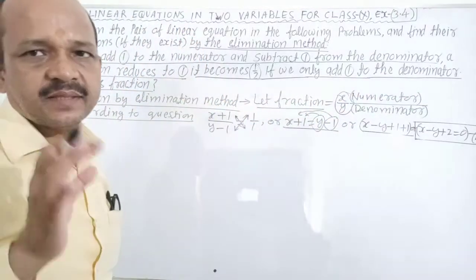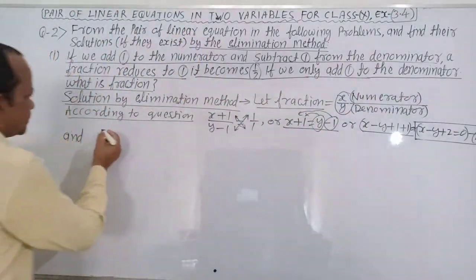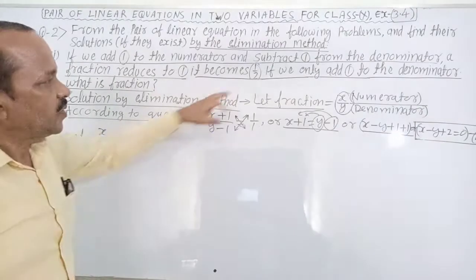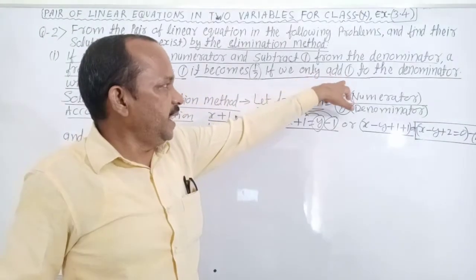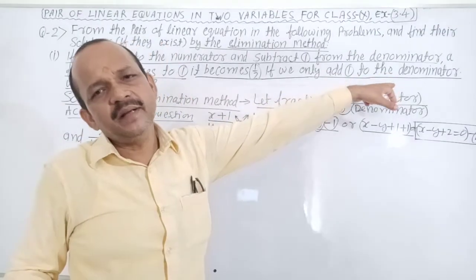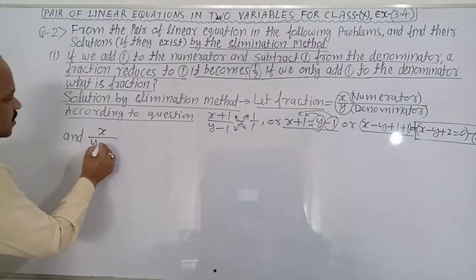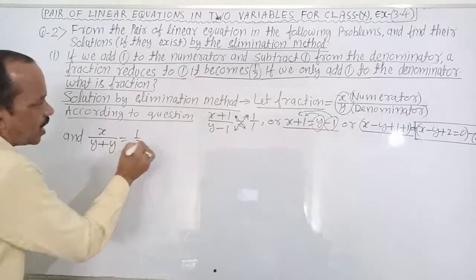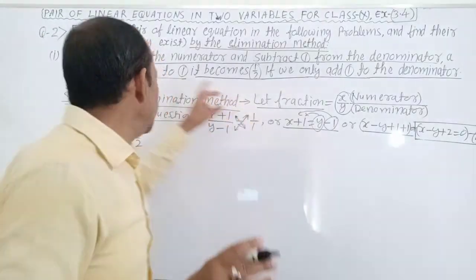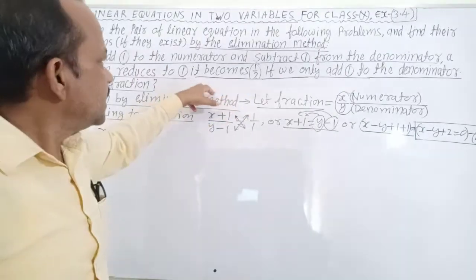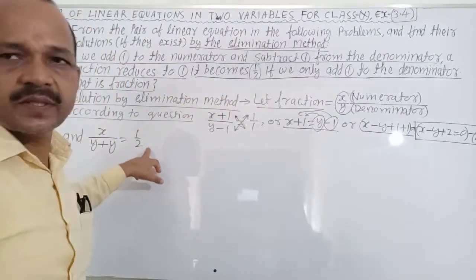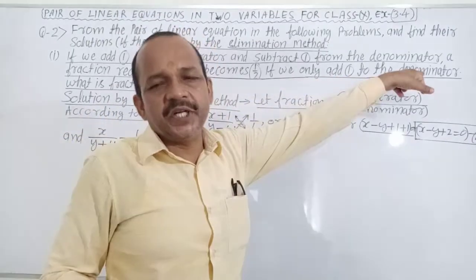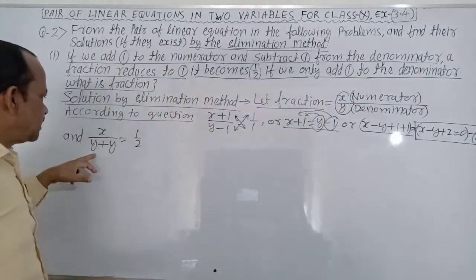What is the fraction? x upon y, only add 1 to the denominator, x upon y plus 1 equal to half. Clear? According to the second situation, it becomes half if we only add 1 to the denominator. Here the denominator is y plus 1.